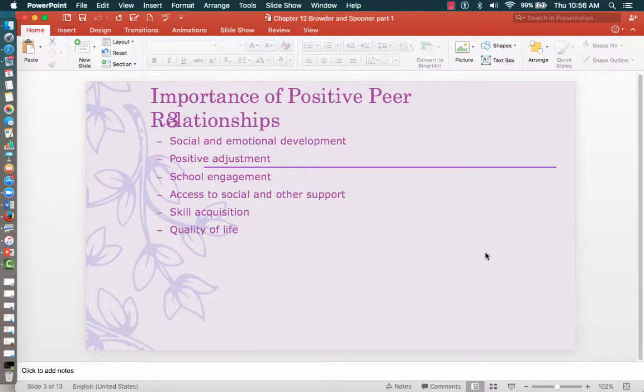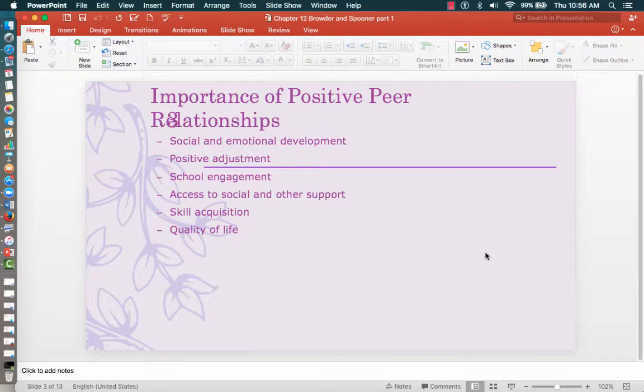We're going to be looking at how we can help students access social networking, because as non-disabled or possibly mildly disabled individuals, we're pretty good at accessing the social environment, okay?